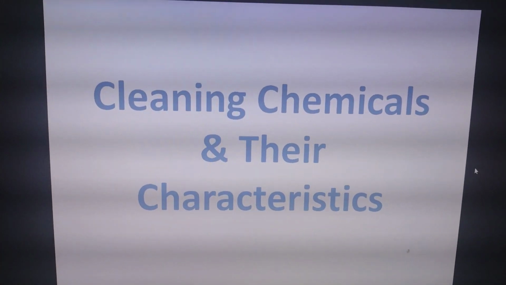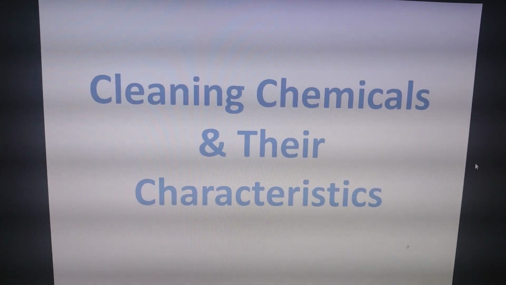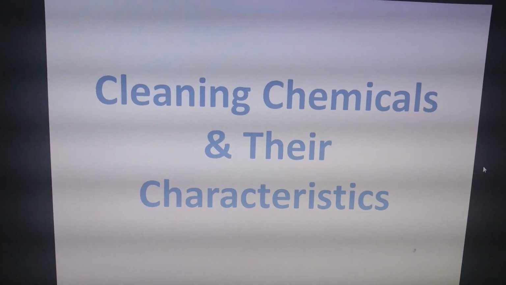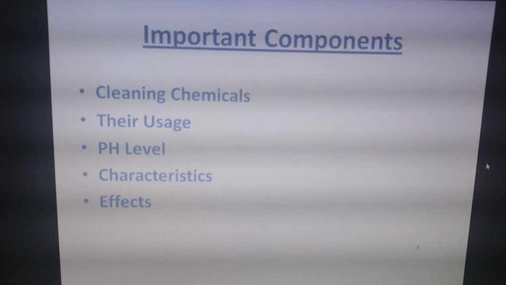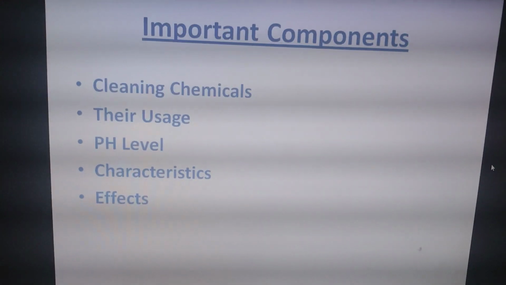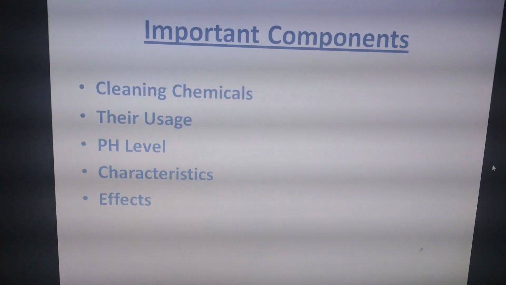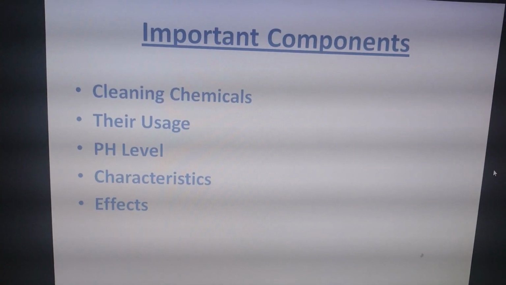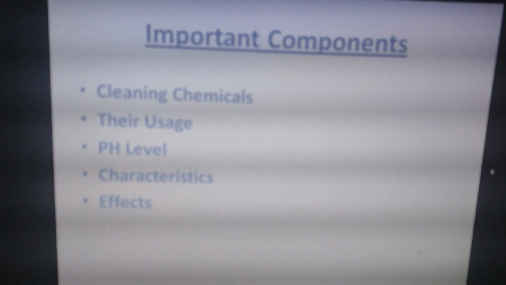It is very important for any housekeeper to know the characteristics of the chemicals so that they can protect themselves from their hazardous effects. But before discussing, there are some important components that need to be discussed, and through these we can understand the chemicals of housekeeping cleaning and their characteristics.